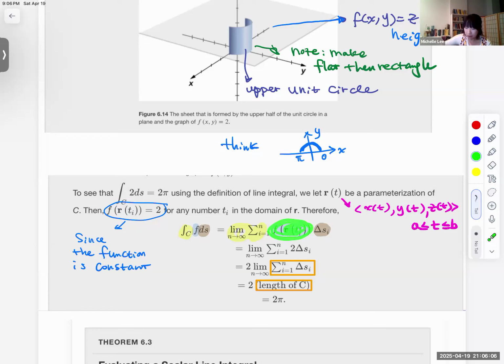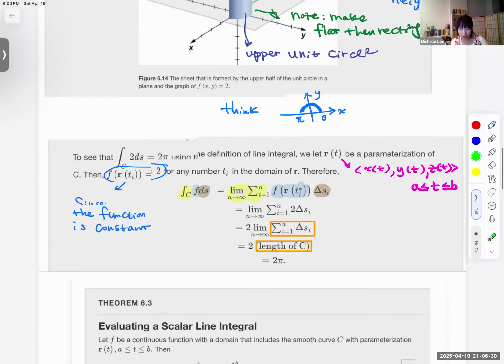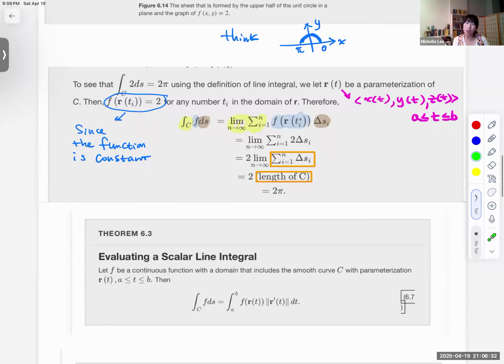Now what is the summation of delta s? That is adding up all the distances, which means the length of the curve, which is pi. Make sense?